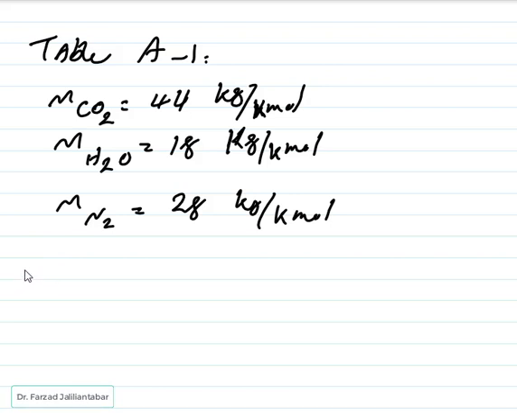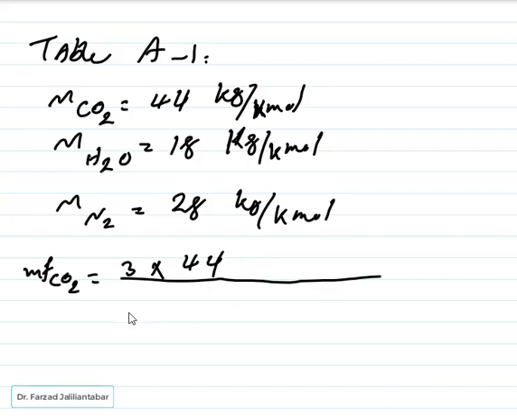So the mass fraction of CO2 is equal to 3 times, I don't write the units, just write the numbers, 3 times the molar mass of the CO2, 44.